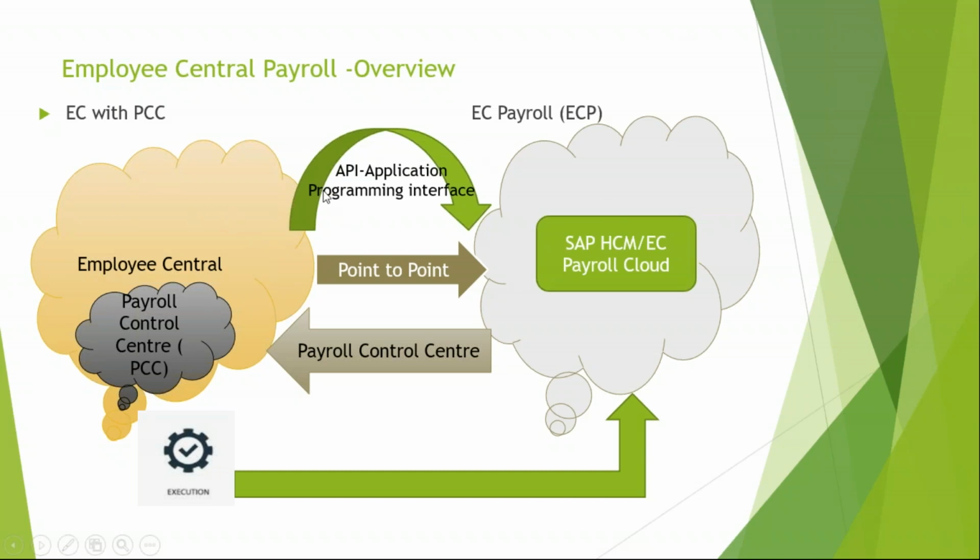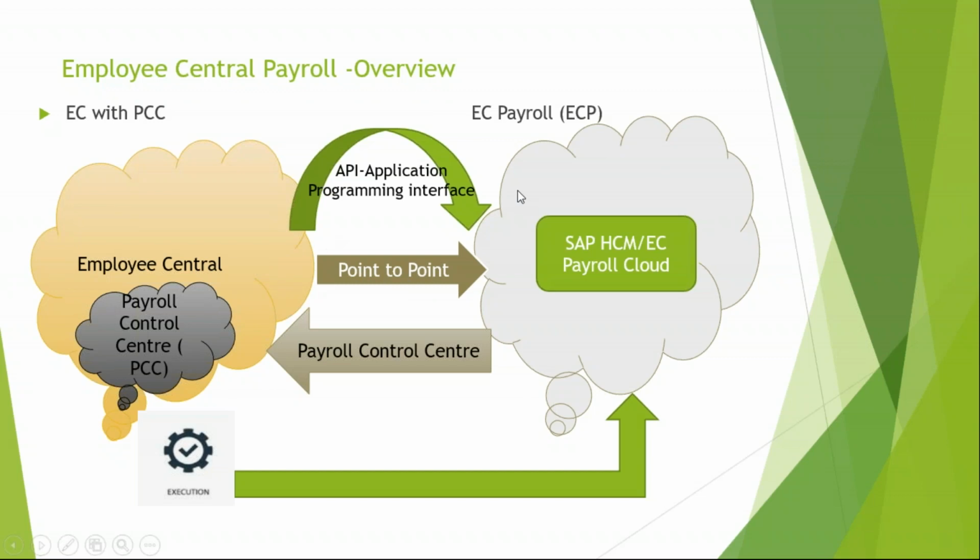Here the entire data is stored in the backend, which is called the API URL. When you replicate data in an ECP system, we use this API URL. With this URL and the company ID, the data will flow from this system to this system automatically. And that process is called P2P.